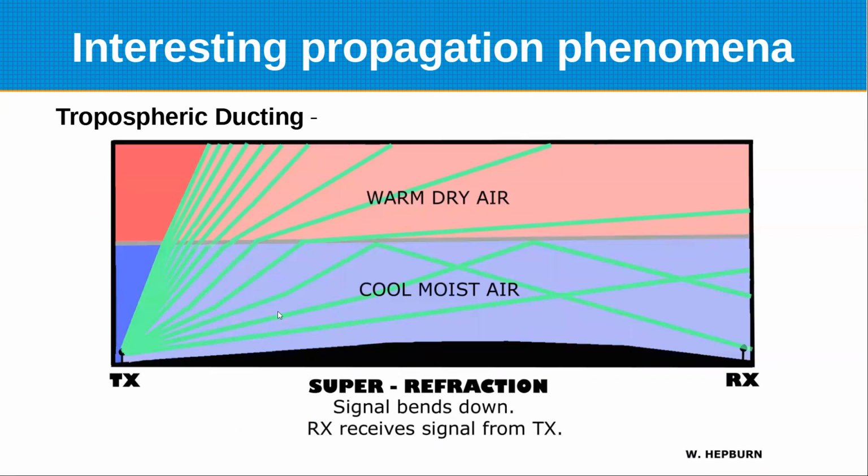It's dependent on frequency and the conditions of the ionosphere, whatever it's refracting off of. So those angles will change. And it's just like light bouncing off of a piece of glass. At a certain angle, it'll reflect. Higher than that, it goes straight through.